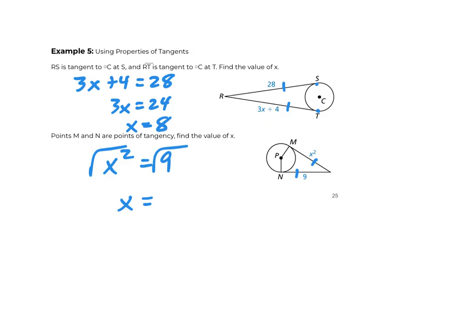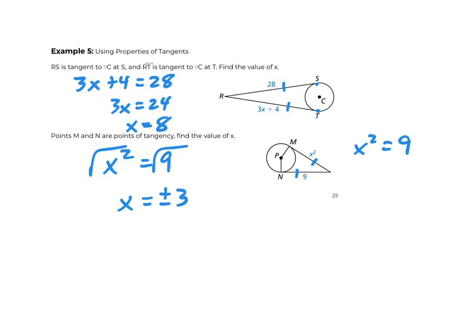Nope. Whenever I take the square root of both sides, if I say, what number can I square to get 9? 3 is one of my answers, or negative 3.